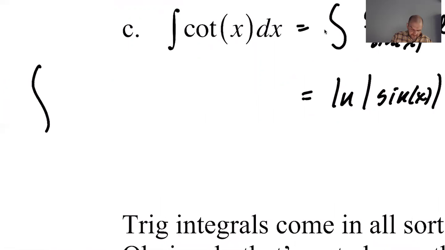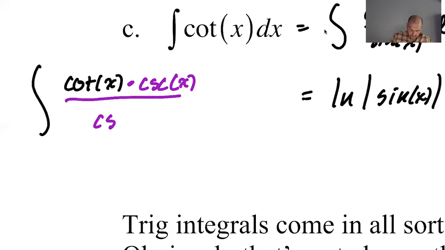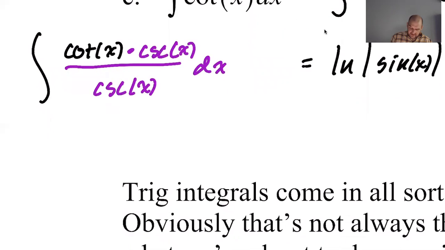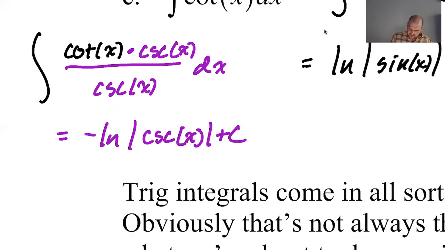You can take cotan of x and then multiply by cosecant over cosecant. Well, that's a clever form of 1, like a really clever form of 1. And then now, if we integrate this, we would get negative natural log of the absolute value of cosecant of x plus c.